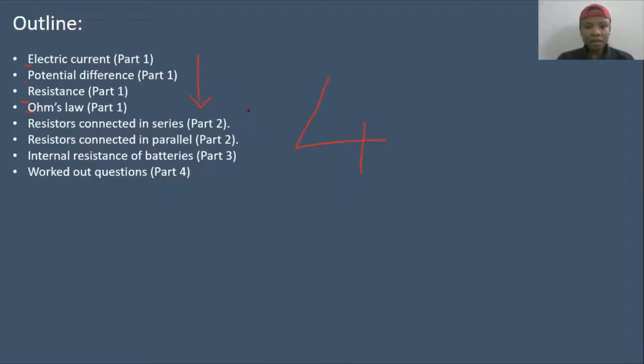And then in the second video, the one that I will post after this one, we're going to be talking about resistors connected in series as well as resistors that are connected in parallel. The third video is going to be about internal resistance of batteries. And the last video under electric circuits will be a few examples.